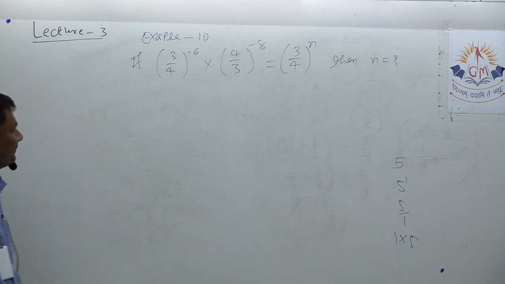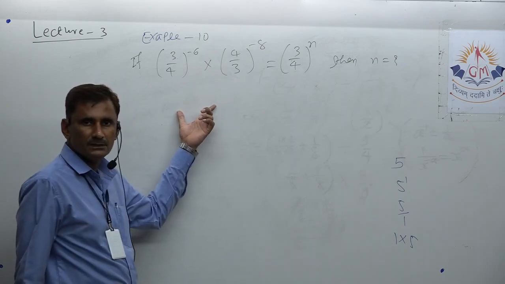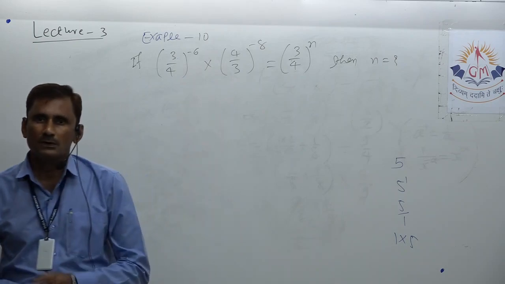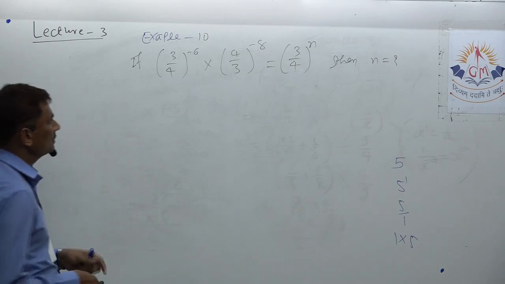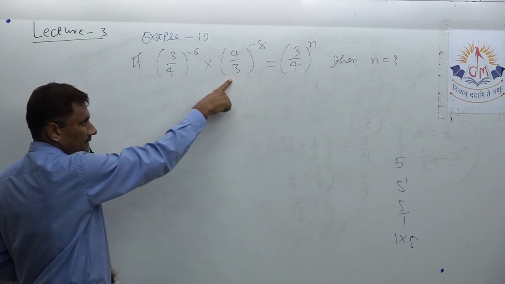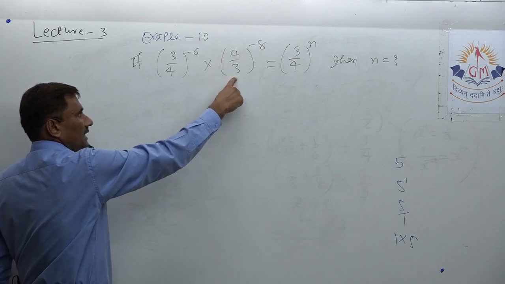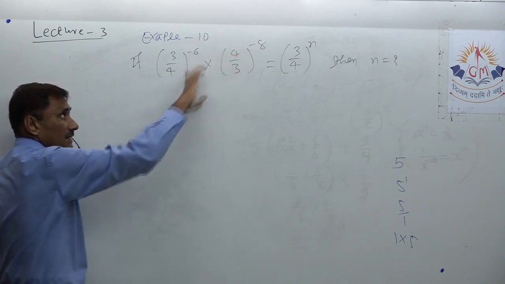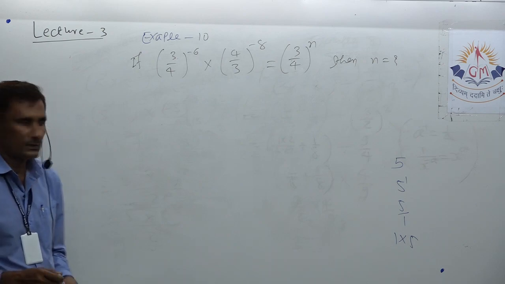First of all, look there. We have to first of all simplify left side. Then only question of comparison is arise. So here is 3 by 4, here is 3 by 4, here is 4 by 3. So first of all we have to make here same base, means writing here inverse by getting negative exponent into positive one. Okay, why?